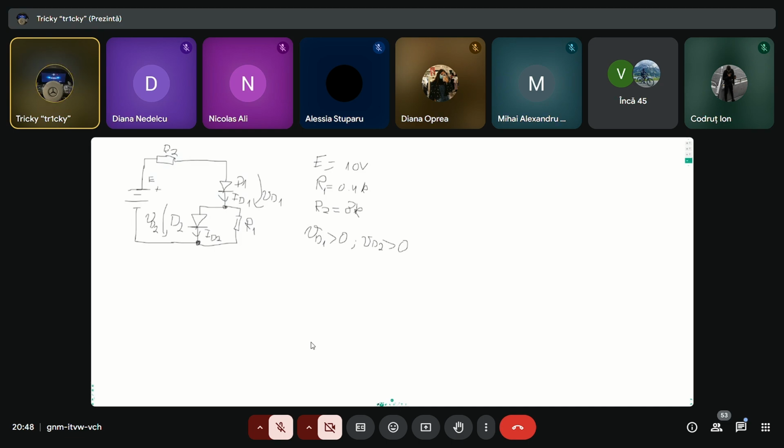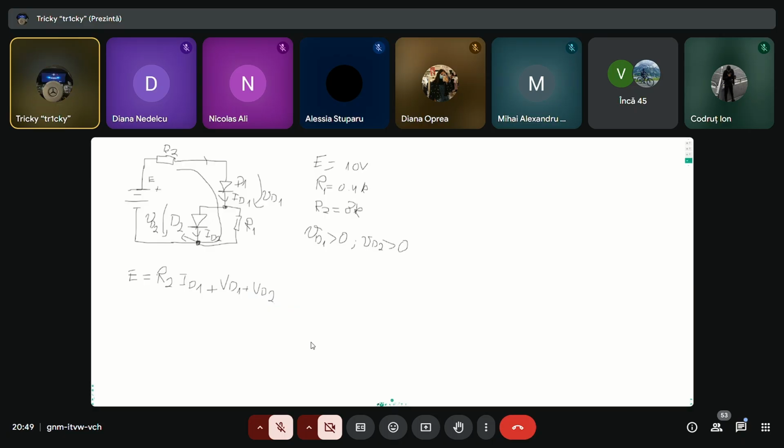We could say that E will take this Kirchhoff over here, like this. So this is E being equal to R2 times ID1, right? Because the current going through here is ID1, plus VD1 plus VD2 all the way until there.